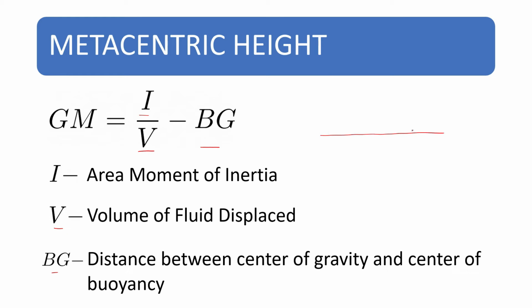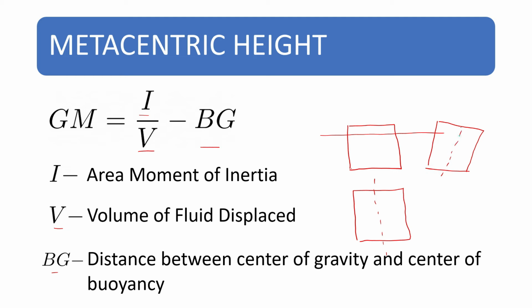So if you take a fluid like this and this is your body, the top view of this body will be something like this. The view from the top. Okay. So in order to calculate the metacentric height, that is GM: this is the new center of buoyancy, B dash.